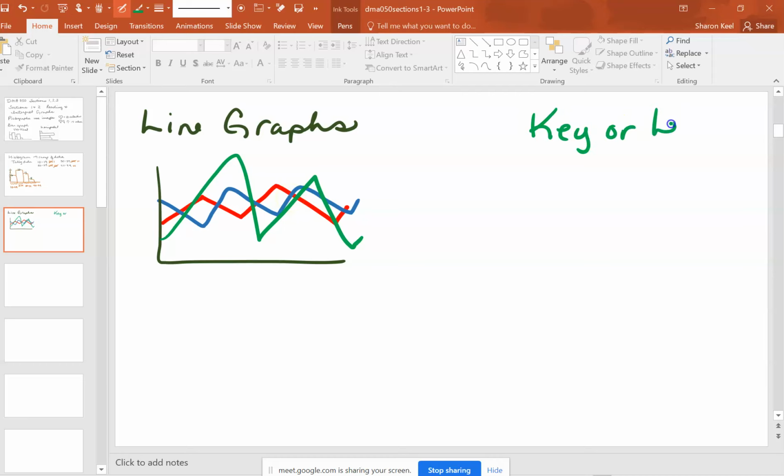And since I mentioned those words, the key or legend is what you're going to be using to identify the info for the graph, for the table.